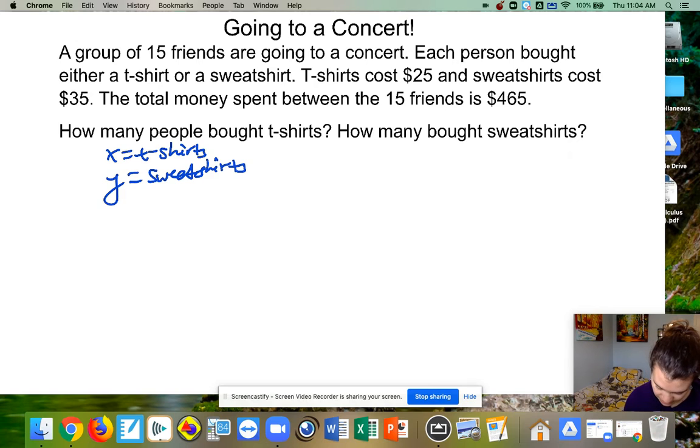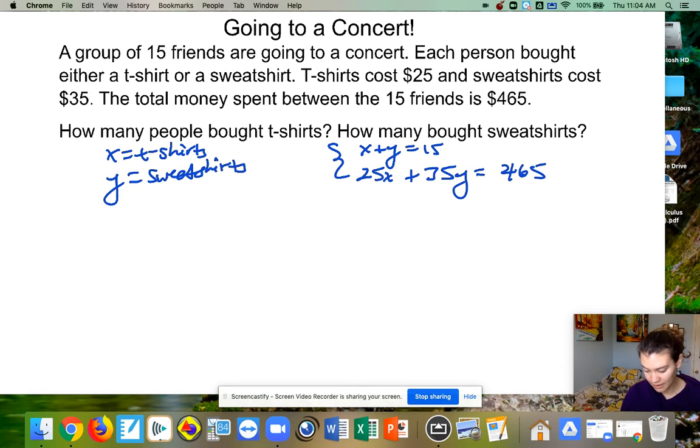So if we write these out, there's 15 people total. So total we need 15 things bought. Shirts are 25, 35 for the sweatshirts is going to equal our total amount of money. And then here again, it's up to you how you want to solve. I'm going to do this one by substitution. So if I rewrite this equation, we can get that x equals 15 minus y.